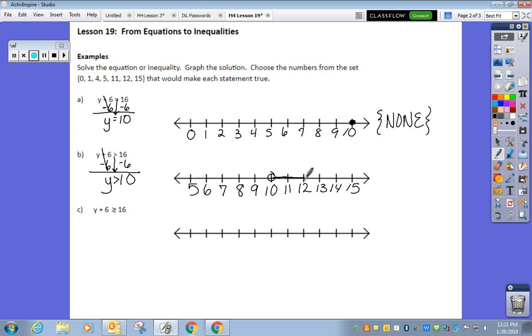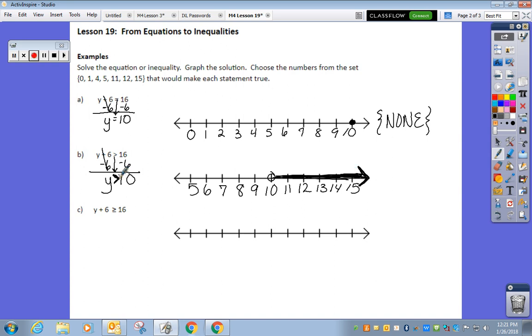We would then shade to the right, and we also shade the arrow to show that this continues on. So any number greater than 10 would work here, and it does not include 10. What's interesting too is this greater than symbol shows us which way to shade. Since this is pointing to the right, we're shading to the right of 10.